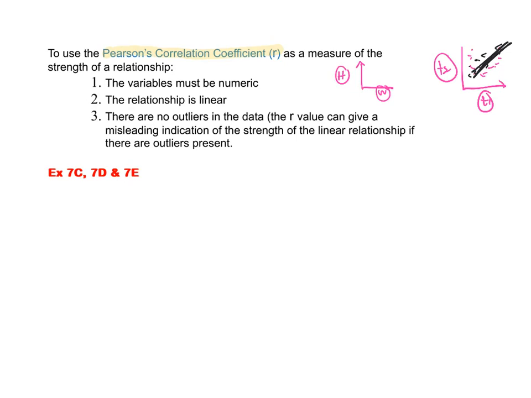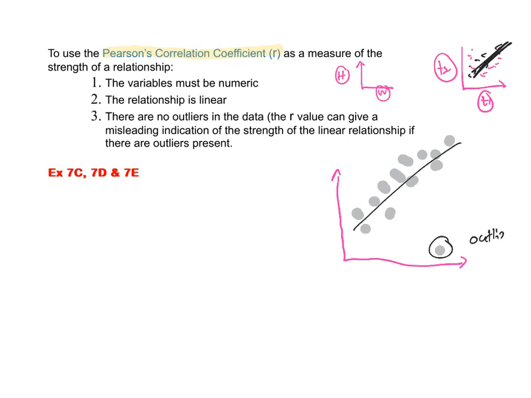Most of yours will be. Next year it'll be a bit different. And you can also have no outliers. Because what they mean by that is when you have your scatter plot like this, and then all of a sudden you got one down there, right? So see that this is an outlier.